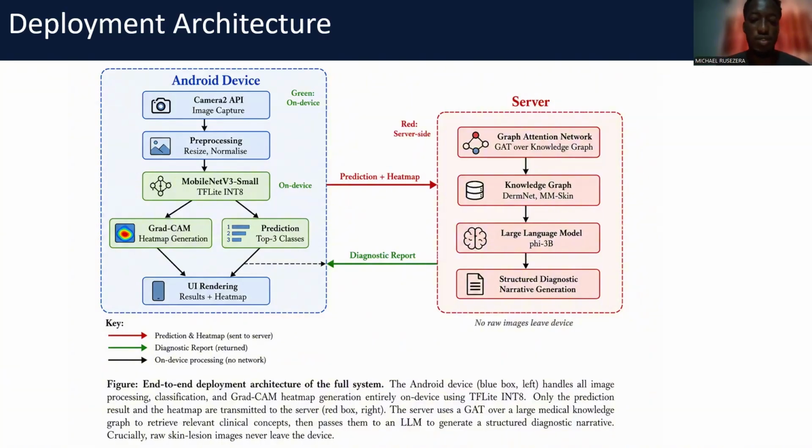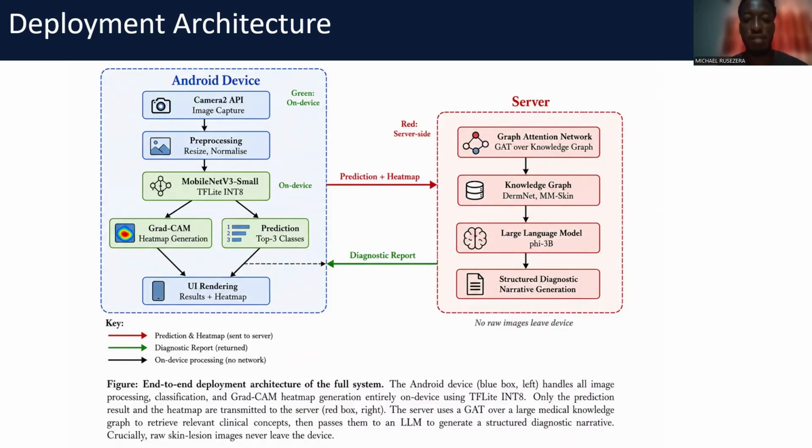Then on the server side is where we find the heavier components, like the graph attention network, the knowledge graph, the large language model, and the structured diagnostic that comes from all that. So the graph attention network operates over a large medical knowledge graph containing DAMNet categories and skin to retrieve clinically relevant information related to the predicted condition.